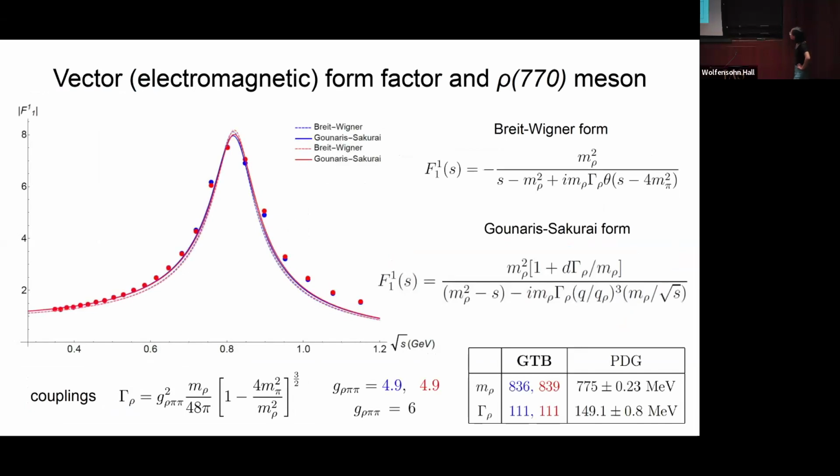And going into the vector form factor, the dots here show the numerical result, and we can fit it with the Breit-Wigner form or the more involved Gounaris-Sakurai form to extract the mass and the width of the rho meson and further the rho pi coupling and compare it with the Particle Data Group again.